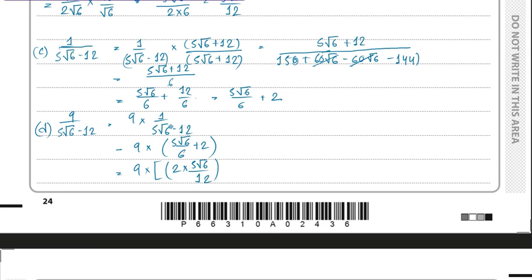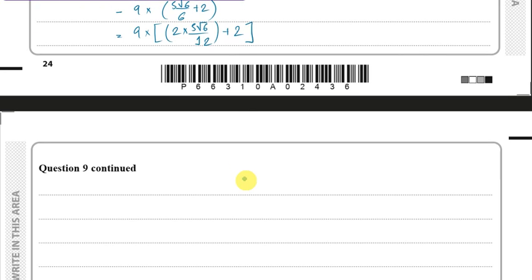If you multiply this, actually 5 root 6 came from here. So the 12 will get crossed out with 2, so it's actually divisible by 2. So this would become 5 root 6 by 6. So it will become 2 multiplied by 5 root 6 by 12 plus 2, bracket close.